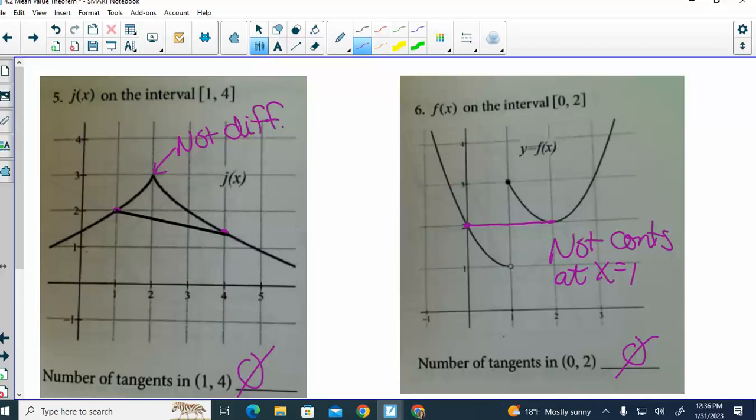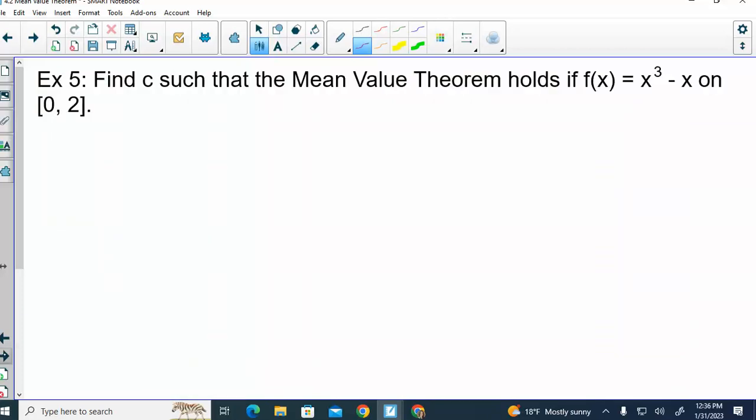All right. Let's do one using math, not just looking at a graph. Find the c such that the mean value theorem holds if f of x equals x cubed minus x on the interval 0 to 2. Anytime we're doing these, I would expect you to check criteria. The mean value theorem has fewer criteria. It just has to be continuous and differentiable.